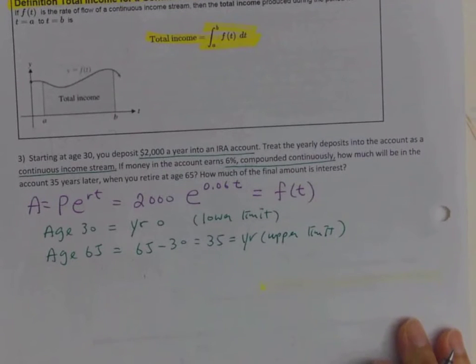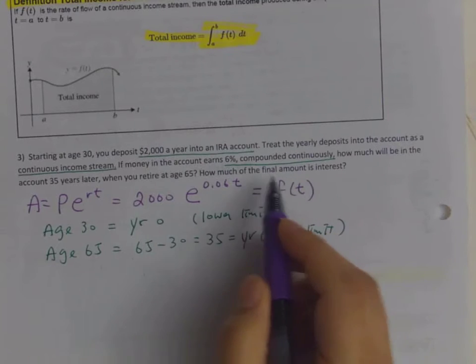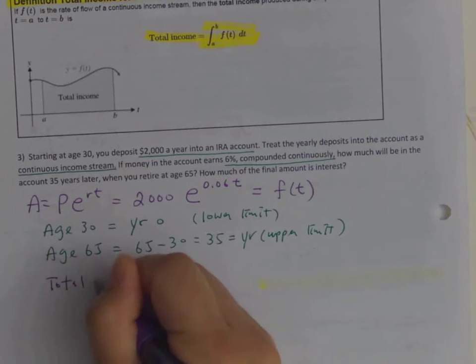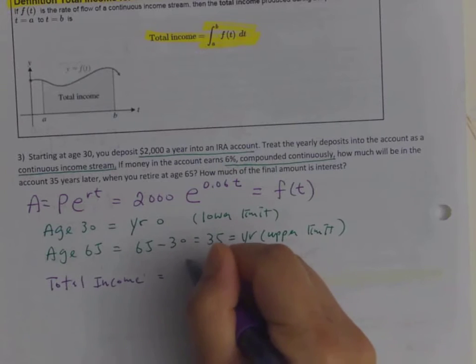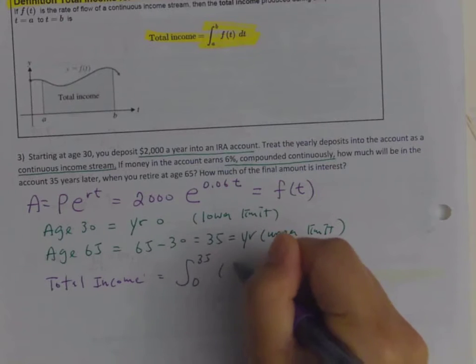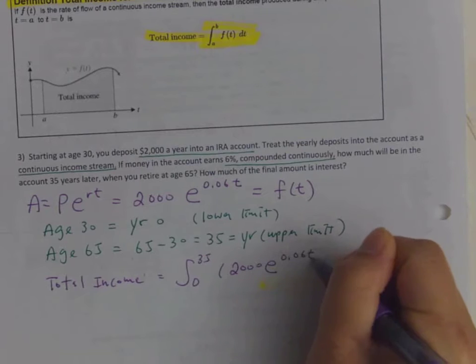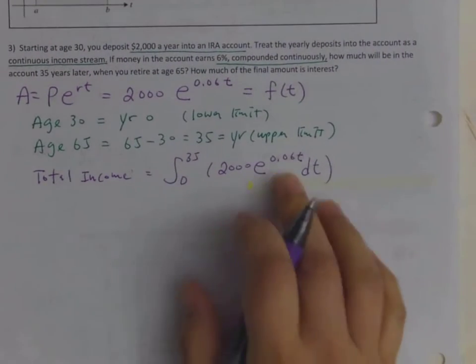Okay, so now let's see. We are ready to do the continuous total income, right? So how much is the final amount, how much is interest, and how much will be in the account? So total income is going to be taking the integral from year 0 to year 35, and then my function is 2000 e^(0.06t) dt. Some of you know how to take this with the shortcuts.